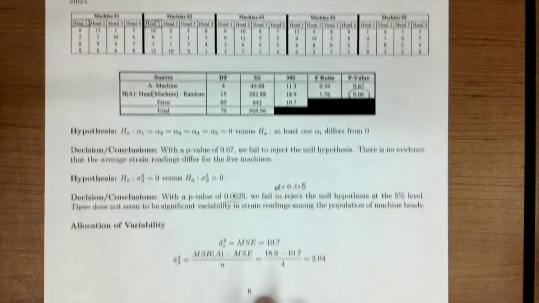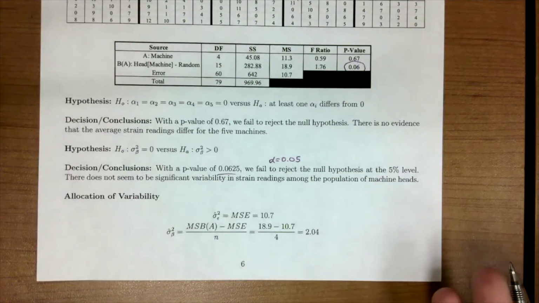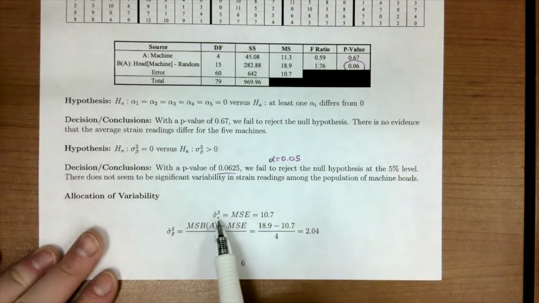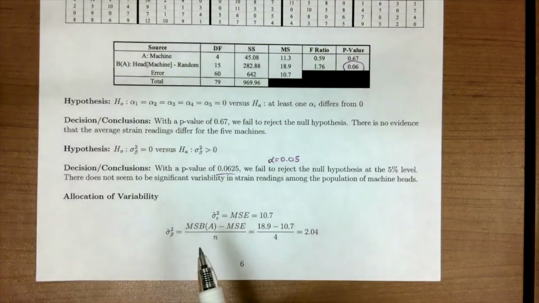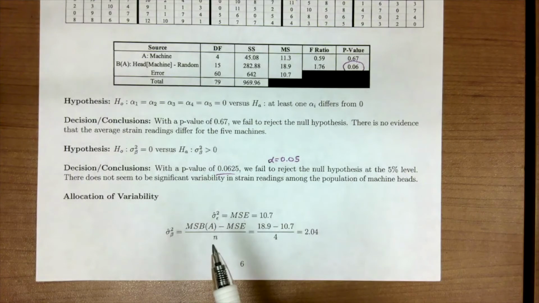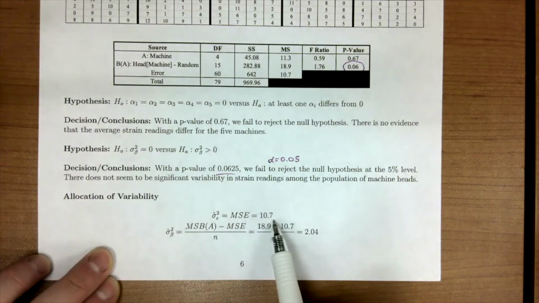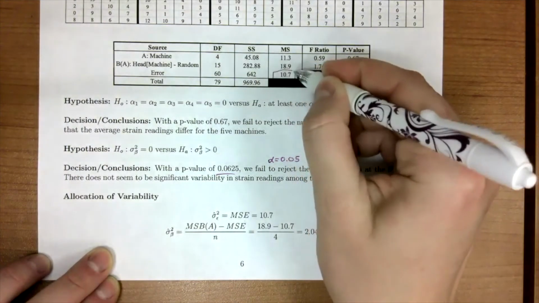What we might be interested in is how to quantify that variability to see what it is, to give us more intuition. Our variance for the overall background noise is found from our MSE, 10.7, which is found right here in your ANOVA table.